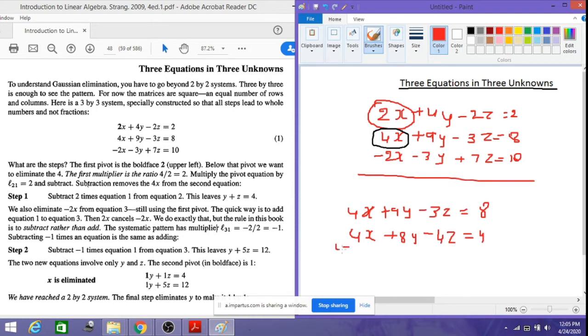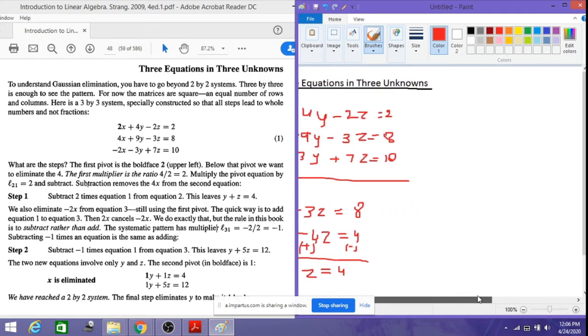Now let us subtract this, that is, subtract 2 times equation 1 from equation 2. That is what it means. So if you subtract this, what do we get? The x terms will cancel out. Now here I'll get y, and here I'll get plus z equal to 4.